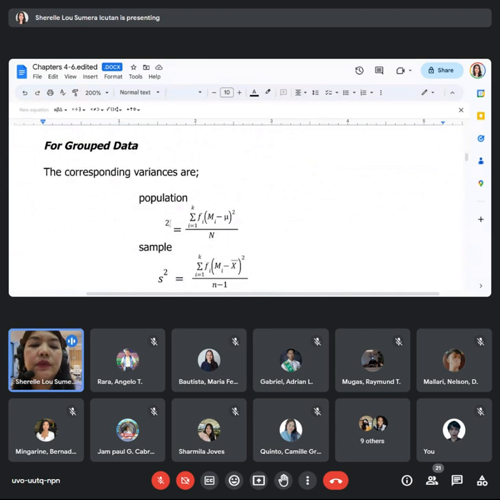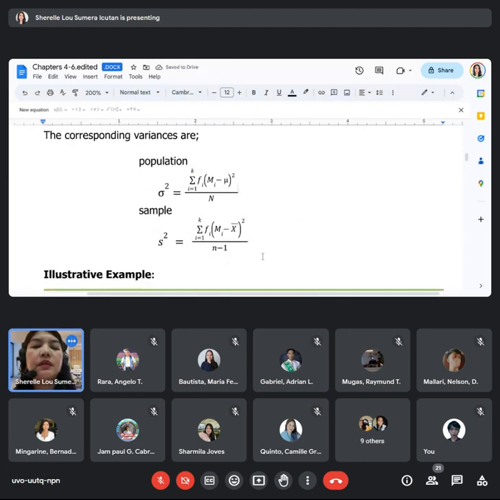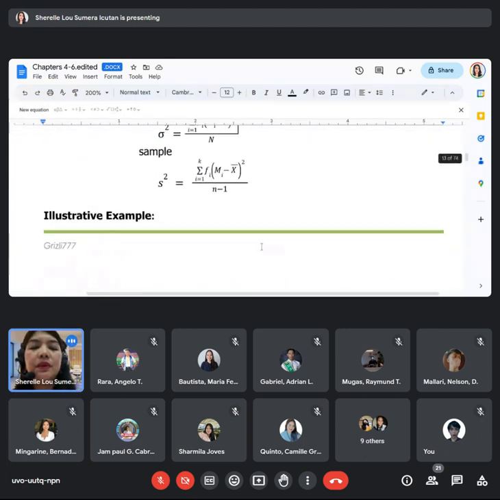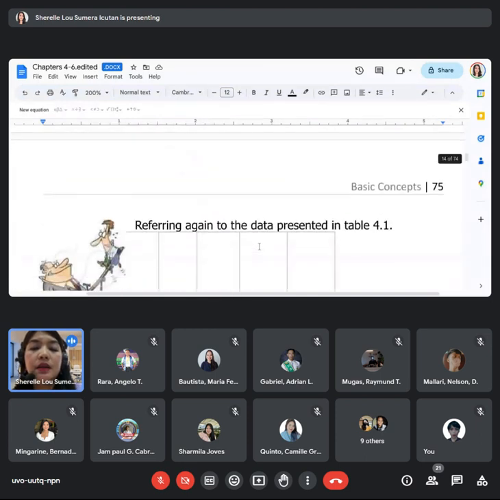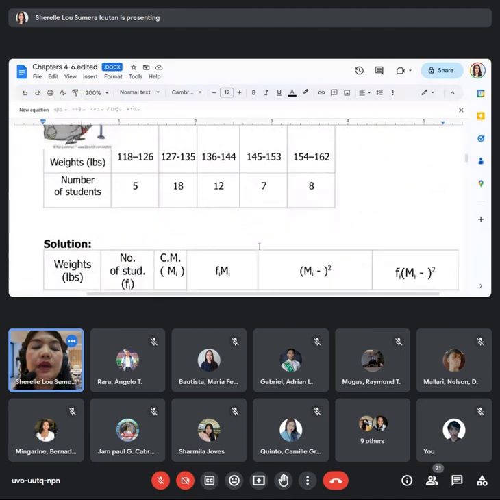Yan. So this is for your population. That is the formula. And for the sample, this is the formula. So we have an illustrative example. So this is for group data na ha? Group data. So how to compute for the group data?